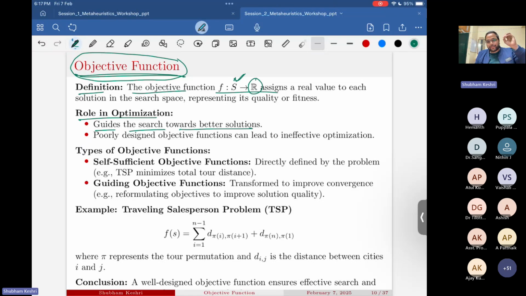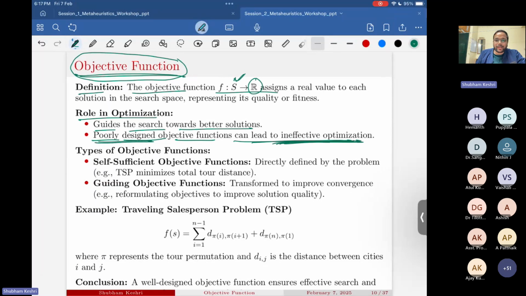So you need to have the idea of what the value of the objective function is. That is how you will guide the metaheuristic. You will say, this seems higher, go to a solution with a lower objective function, if you are minimizing. Again, go to a solution which has a lower objective function, and then you will proceed the search. A poorly designed objective function can lead to ineffective optimization.